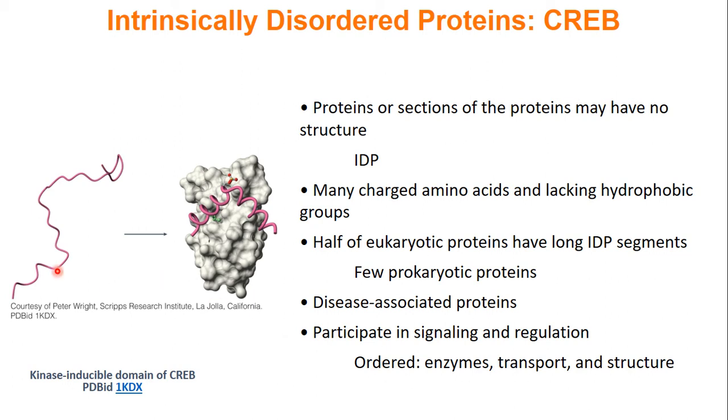So here is one example of an IDP that is disordered, but once it binds to another protein, it forms into a helix conformation. So IDPs are signaling and regulation, while ordered proteins, things that do have 3D shapes, we generally think of those as enzymes, as transporters, or as structural components.